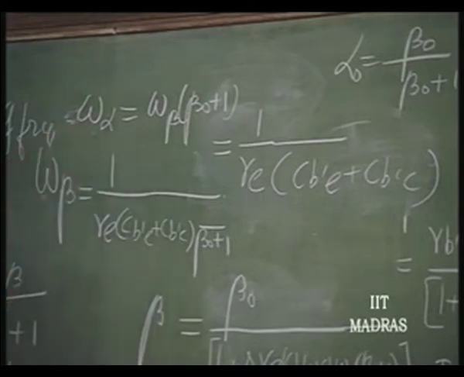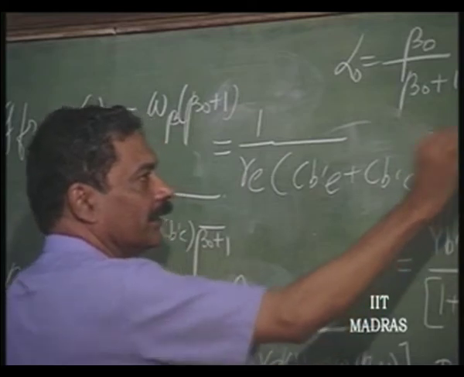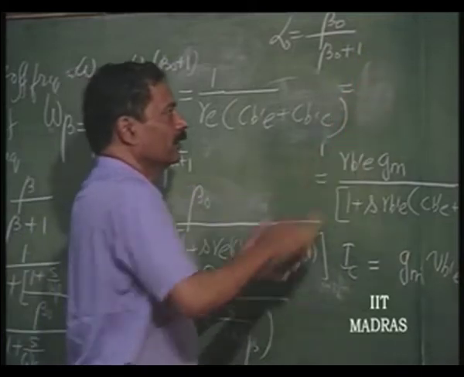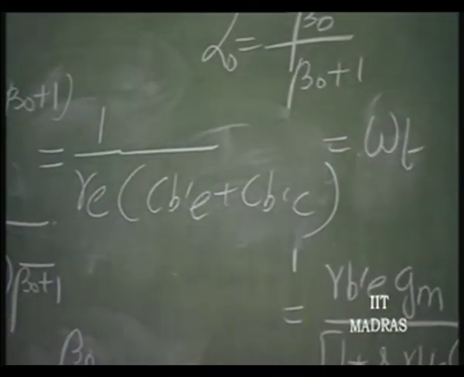So, this is also called f T, the transition frequency. We will call this dimensionally omega T instead of f T; f T is omega T divided by 2 pi.